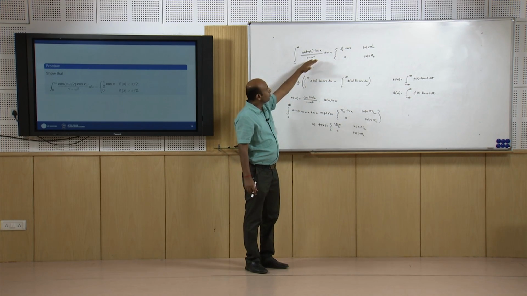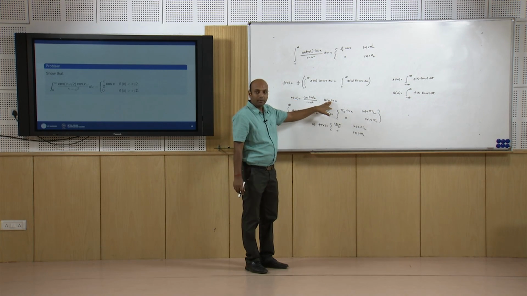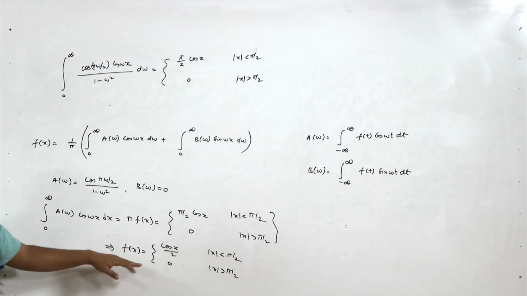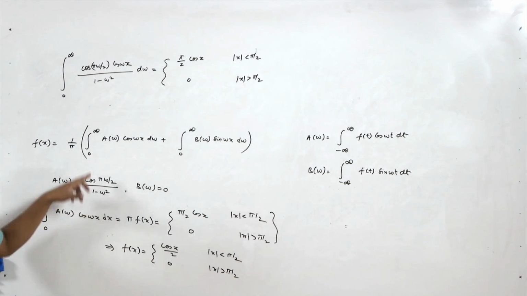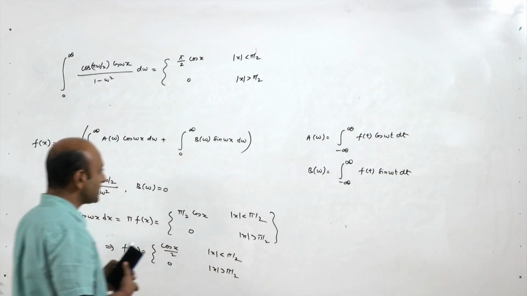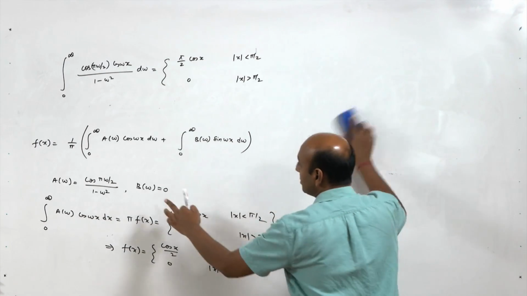Assuming this to be true, we have found the coefficients A(ω) and B(ω), and we have found f(x). For this f(x), if A(ω) comes out to be this, that means we have proved. So, what will be A(ω) for this f(x) and B(ω)? A(ω) should be this, B(ω) should be this.